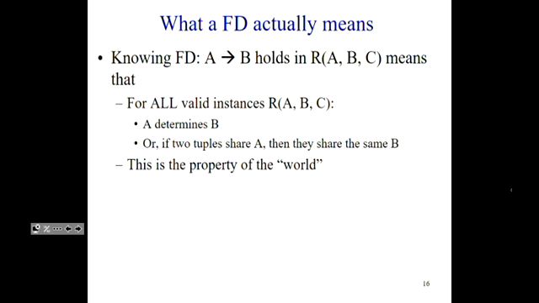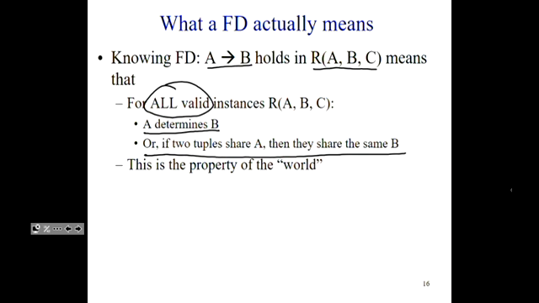If you say that A implies B, and you know this is true in relation R(A, B, C), then for all valid instances, meaning all instances that will exist in the real world, A will determine B. So if two tuples share A, they will share the same B.